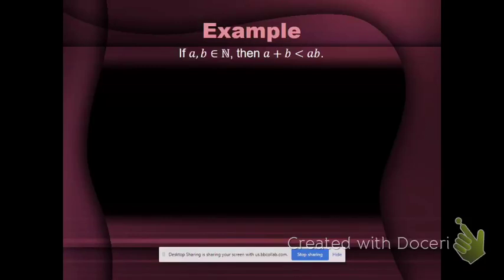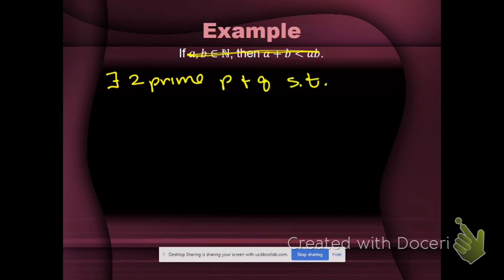Okay, so we're going to look at the last example, which said that there exist two prime numbers, P and Q, such that P minus Q equals 97. So we were disproving this, and I mentioned in class how we could do this.